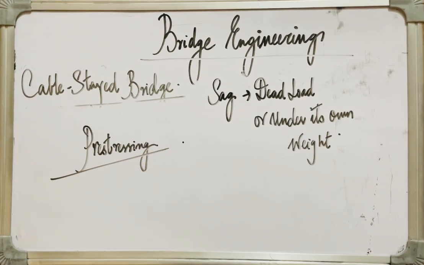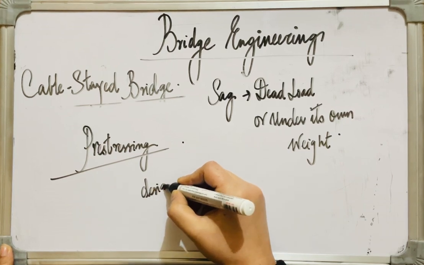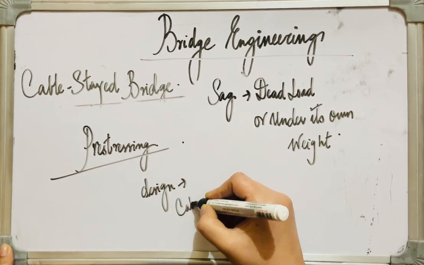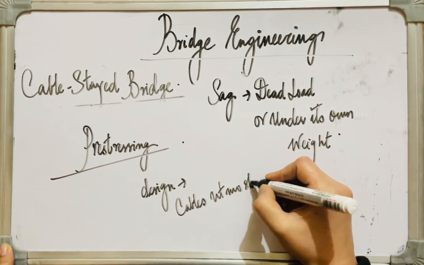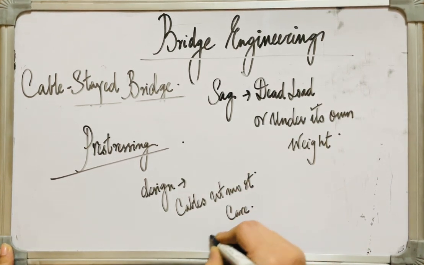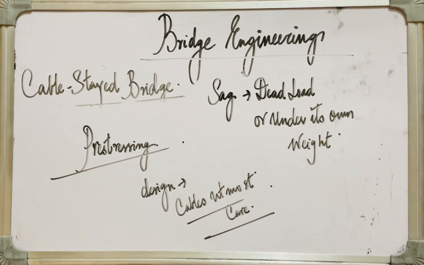The design of these cables must be done with utmost care, because the sag of the cable under its own weight introduces a complication and a challenge. For that purpose, the cables are pre-stressed by introducing additional tensile forces in the cable.